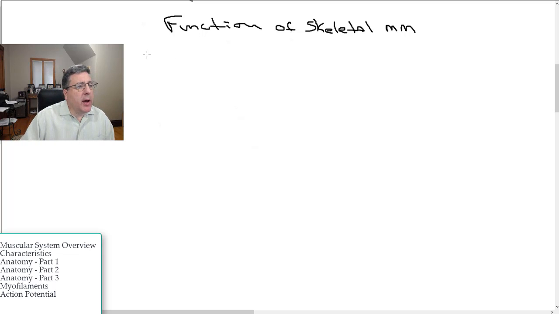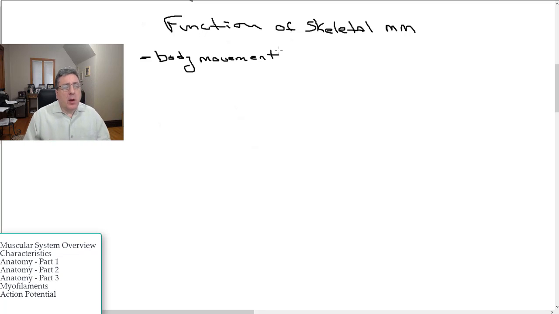So let's look at the primary functions of skeletal muscle, and this is going to be for body movement. Skeletal muscle is attached to bones, and when the skeletal muscle contracts, it pulls on the bone, allowing for movement. So this can be walking, it can be talking, initiating your swallowing.